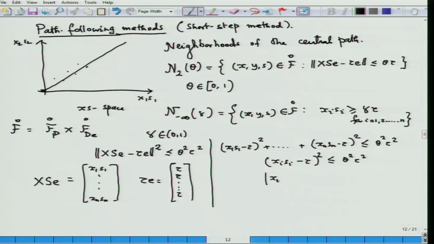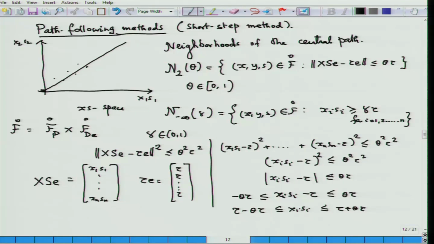So, this would just give me that, which simply means we can just directly write down from this. This is what it means, which means that tau minus theta tau is less than xi si is less than tau plus theta tau, which means xi into si for every i is between 1 minus theta into tau and 1 plus theta into tau.